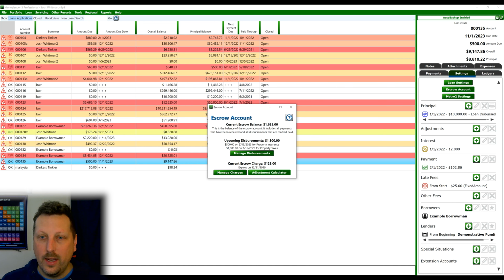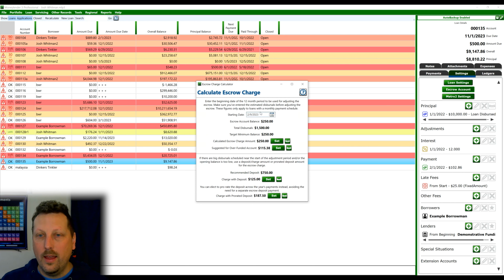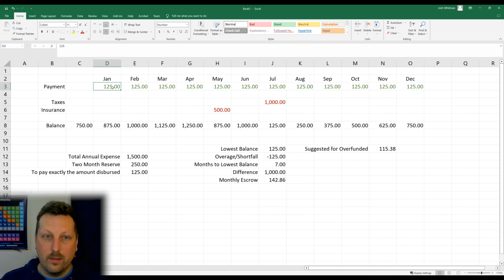Okay, so now we've changed the property insurance and taxes to be in July and in May. And if we run the adjustment calculator and set it for January of 2023, it says, hey, they need to pay $250 to cover this, to have this full $1,500 in the account by the time we're going to be paying it out. So that's the $250.